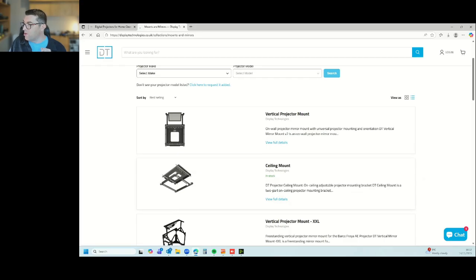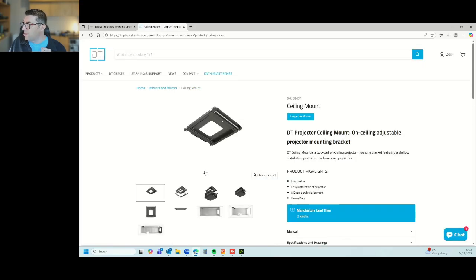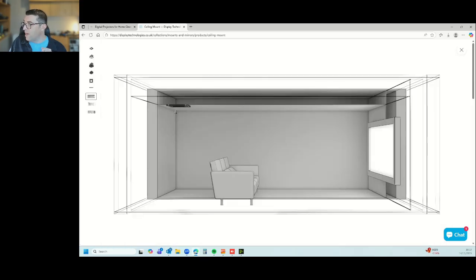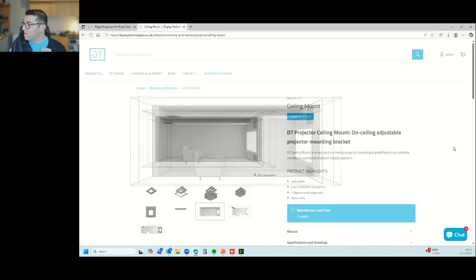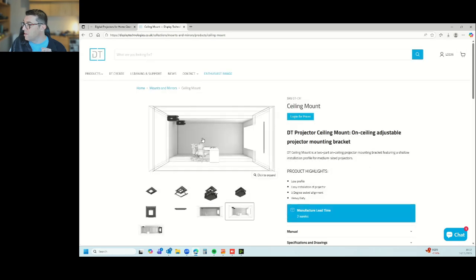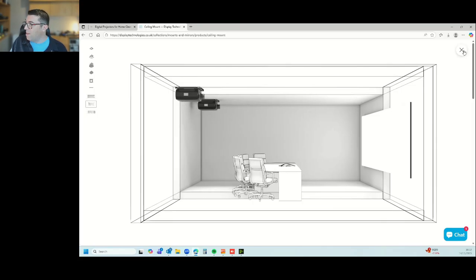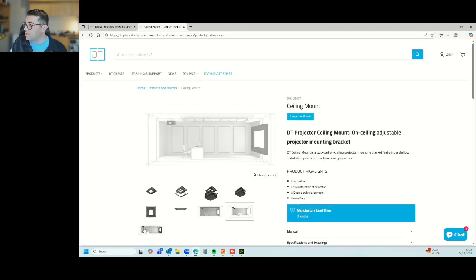Simplest way to mount a projector, we all know, is we do a ceiling mount. We hang that sucker right on the ceiling, like that. It works, doesn't it? The problem with this is clearly aesthetically, it's not perhaps the optimal approach.